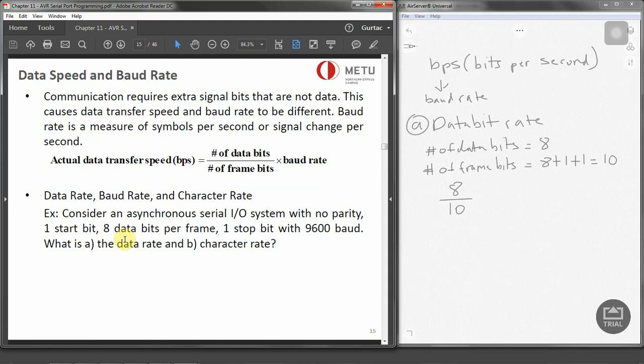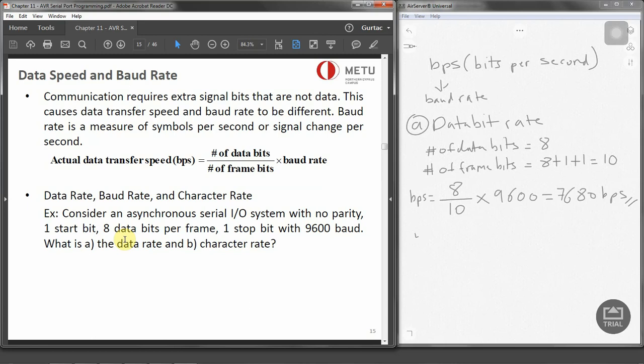So BPS equals 8 over 10 multiplied by the baud rate, which is 9600. So this is actually going to give us 7680 bits per second. Okay, this is the data bit rate.